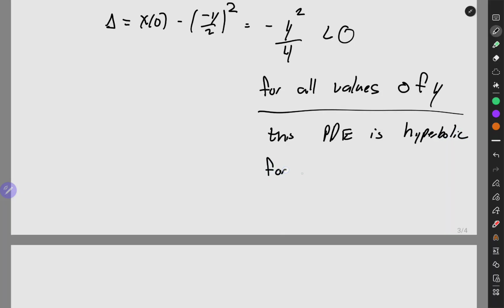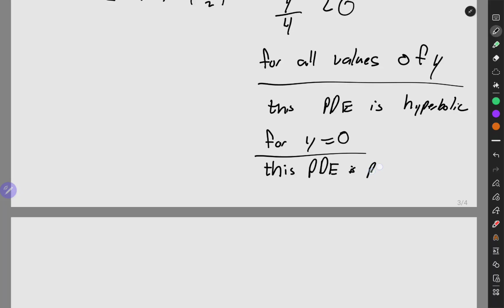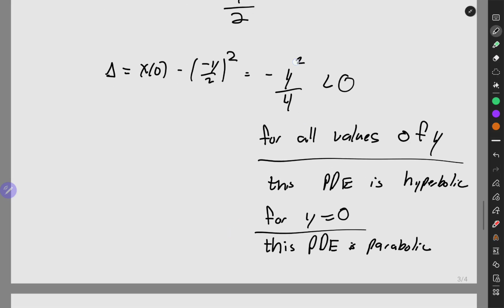And for y equals 0, this PDE is parabolic. See, this one changes. This is just like the Laplace equation for potential flow, where the term will differ based on subsonic or supersonic flow. Kind of the same thing. So yeah, this PDE will depend on what y is.